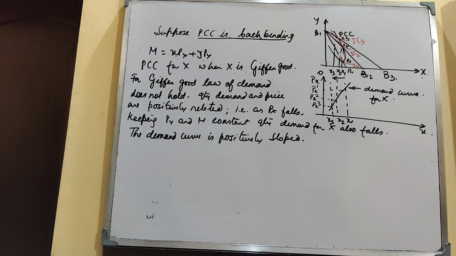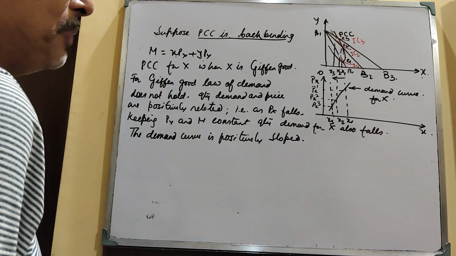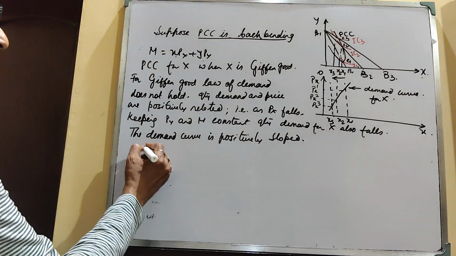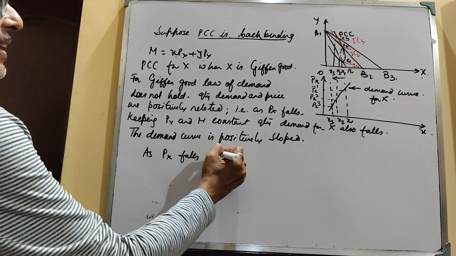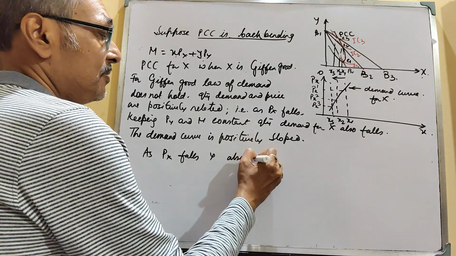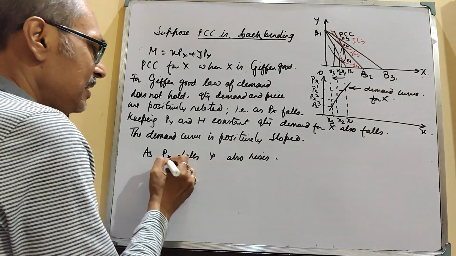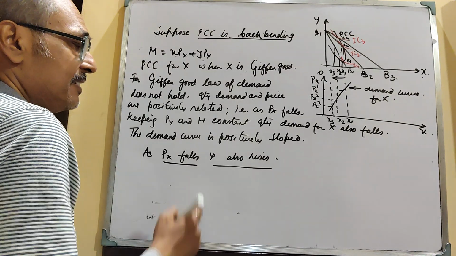Price and quantity demanded are positively related. That means as Px falls, keeping Py and M constant, quantity demanded for x also falls, and the demand curve is upward sloping. In this case, as Px falls, quantity demanded for y rises.